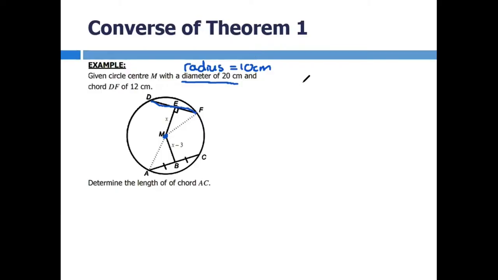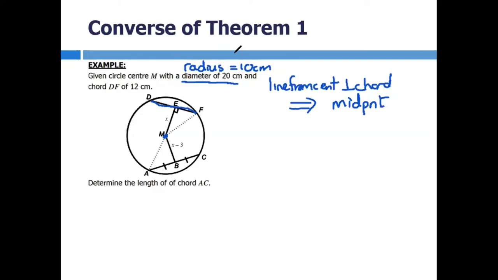So there's 2 things we're going to remember. If we've got a line from center perpendicular to chord, okay, so if we've got that, then we know that it's going to be at the midpoint.